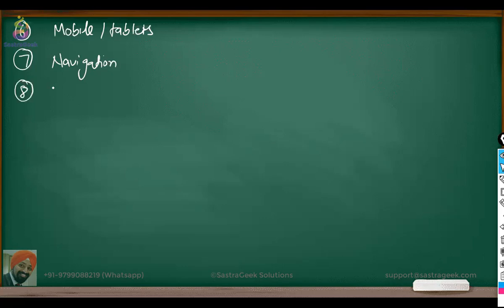It cannot be used on mobile or tablets. Then we said that navigation is the issue. Another thing we discussed is that the screens are quite clumsy. There are so many options. It's not simplified as per user experience.